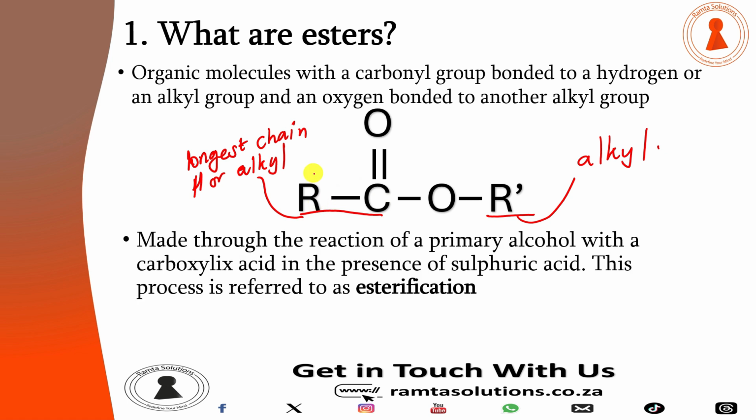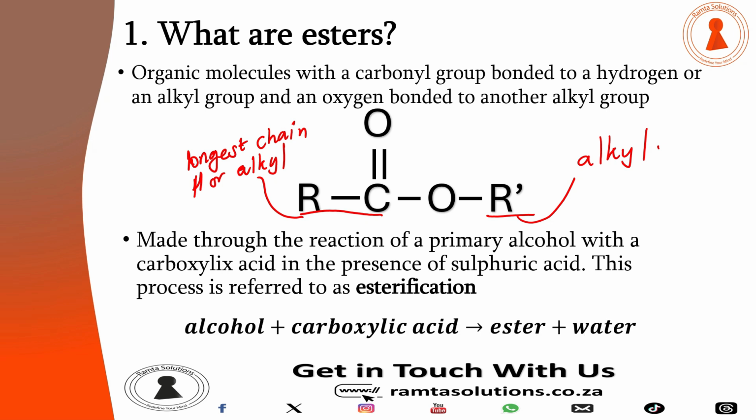Good. So esters are made through the reaction of primary alcohols with carboxylic acids. This reaction is what we call esterification, and it is in the presence of sulphuric acid. So here we should be writing H2SO4 on top of this arrow because it is a catalyst.